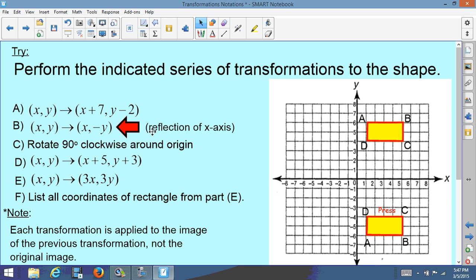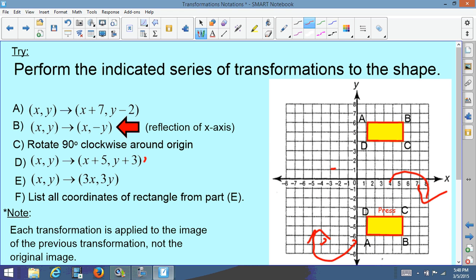So our next transformation says rotate clockwise around the origin. When we go clockwise, we're going to the right, if you remember from my other video about rotations. So we're turning it to the right. So if it's like 6 o'clock, we got to go back around to this side. So it's going to end up somewhere in this quadrant.